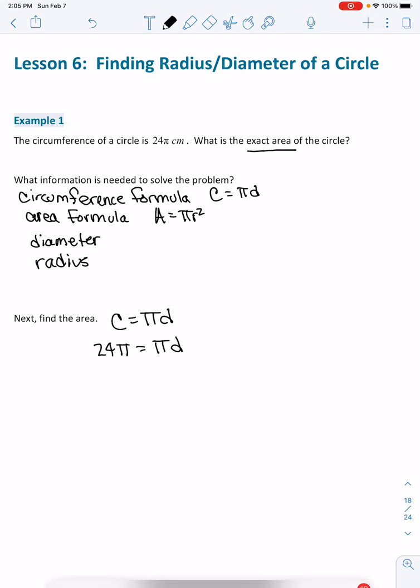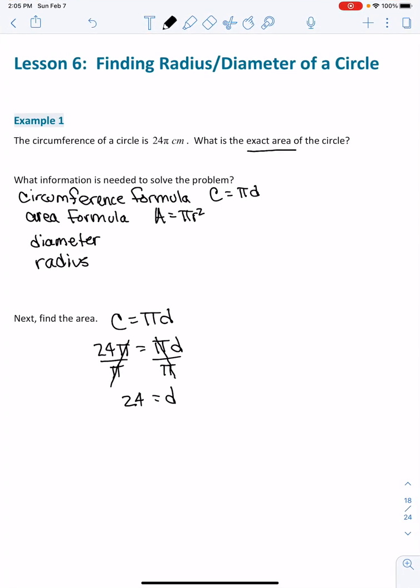Both sides can be divided by pi, so we divide both sides by pi. Pi over itself simplifies to just d. Here I can simplify it to 24. So my diameter here is 24.